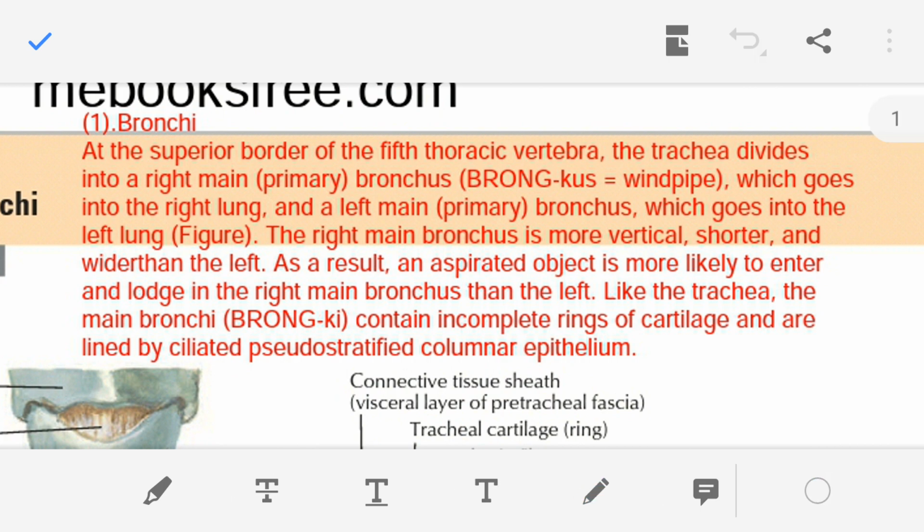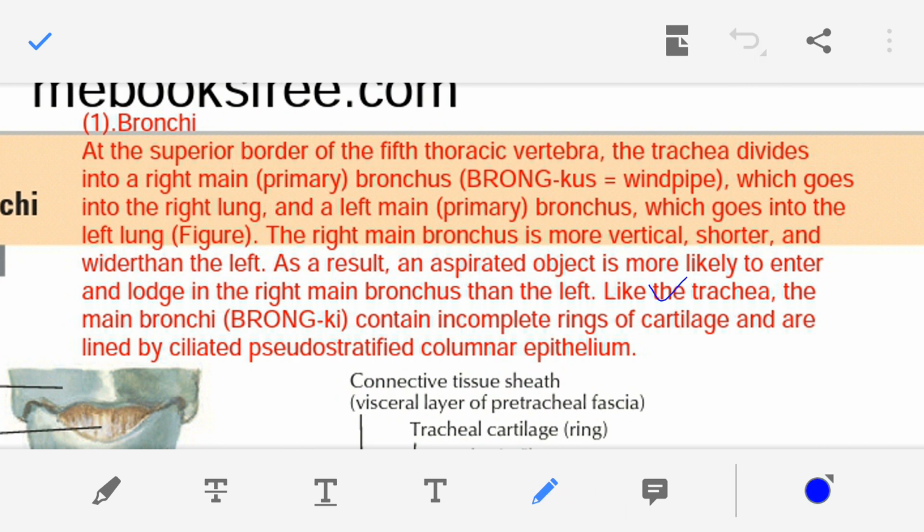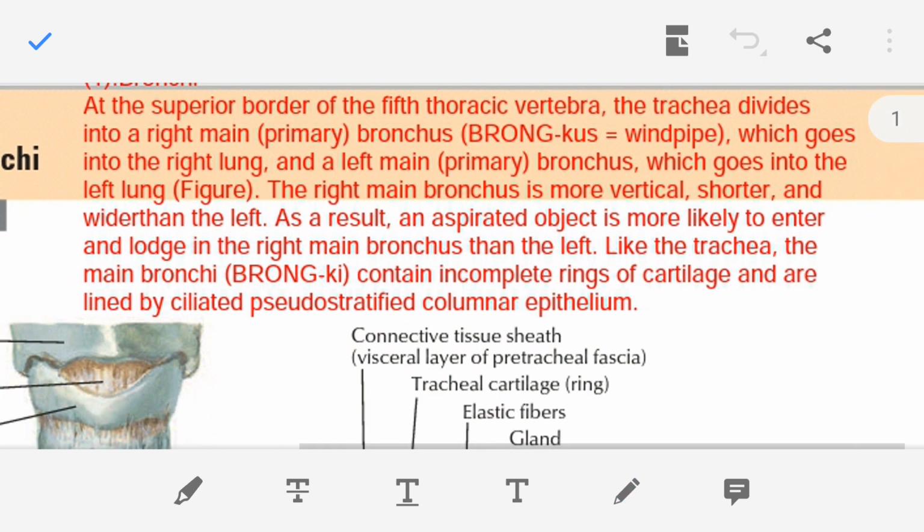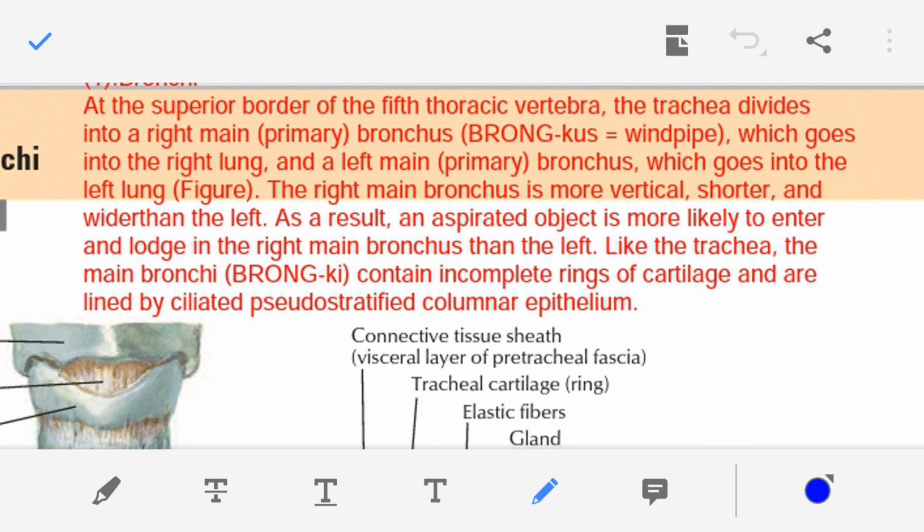Now similar to the trachea, the main bronchi, the right and left one, also have incomplete rings of cartilage, and the lumen of the bronchi is lined by ciliated pseudostratified columnar epithelium.